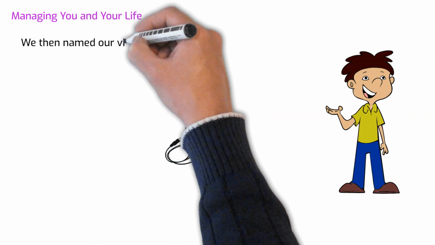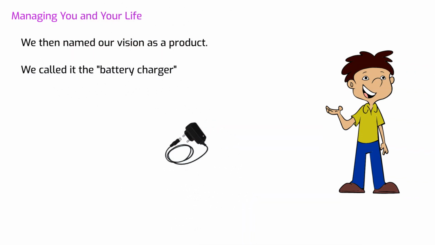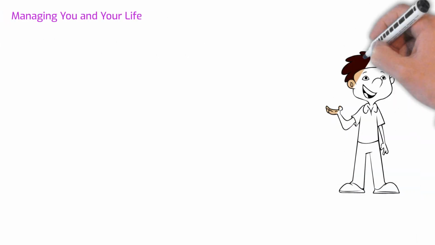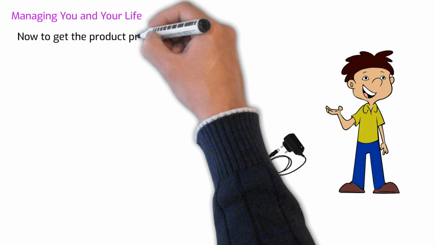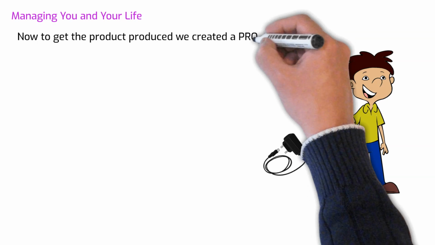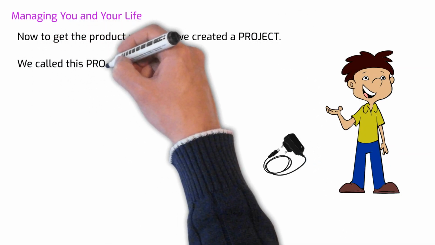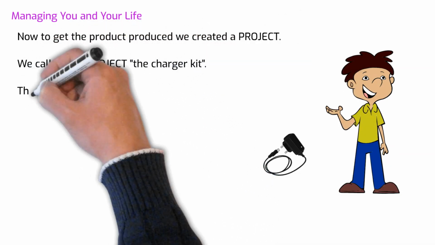We then named our vision as a product. We called it the battery charger. Now, to get the product produced, we created a project. We called this project the Charger Kit.